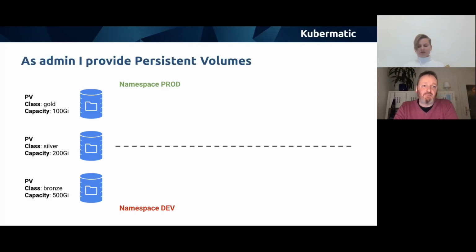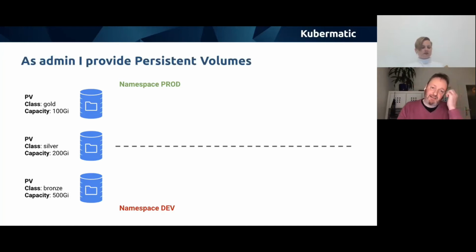The best one, fastest one is called Gold by me, and has a size of 100 gigabytes. The not so really fast one is called Silver, and the third one is called Bronze, and it's the slowest one, but it has a lot of space.